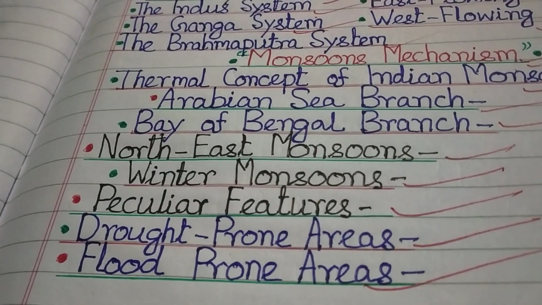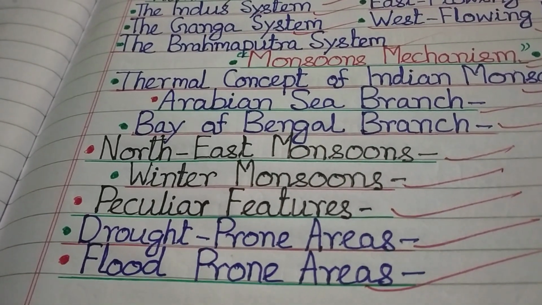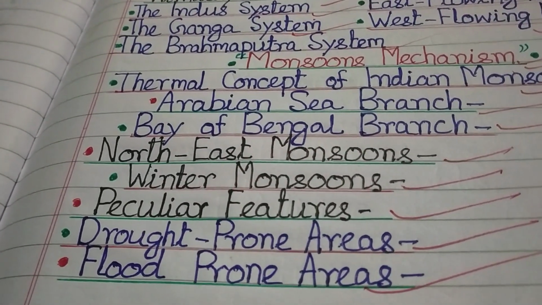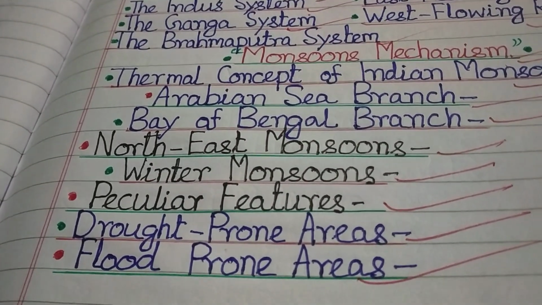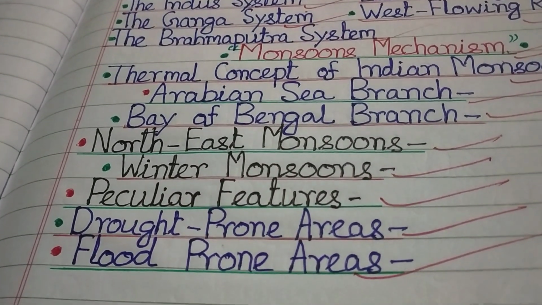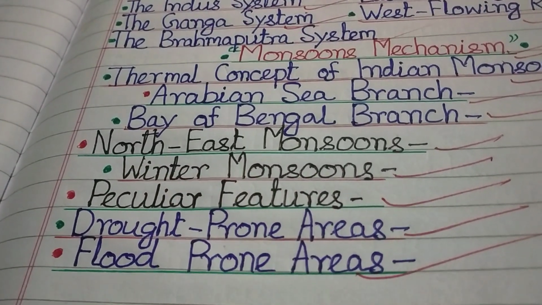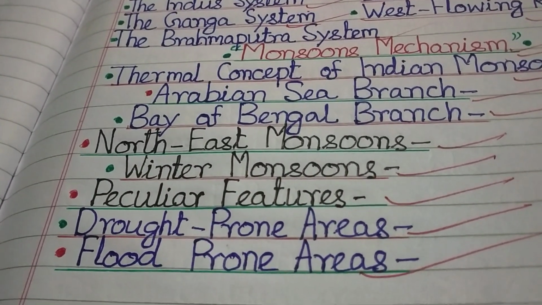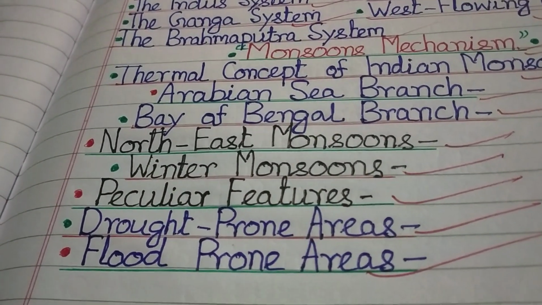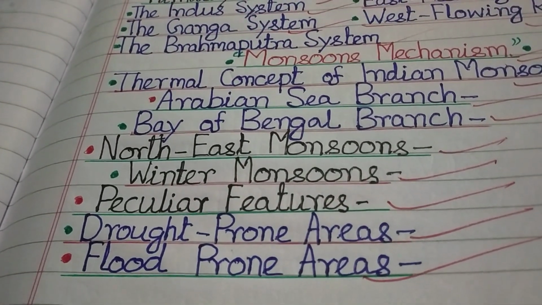Here they are known as southwest monsoons, which get divided into the Arabian Sea branch and the Bay of Bengal branch because of the shape of peninsular India. These moisture-laden winds cause heavy rainfall on the windward sides.